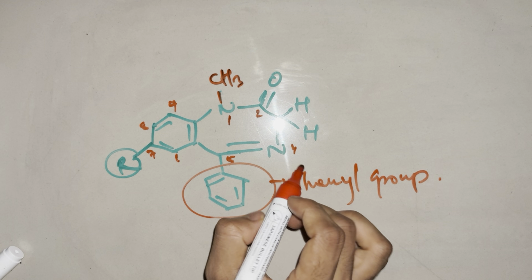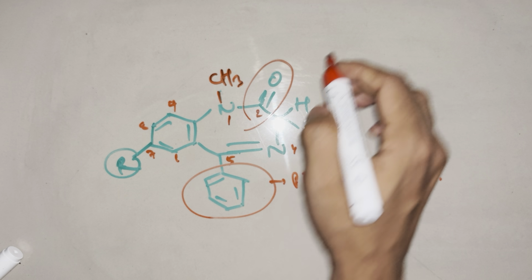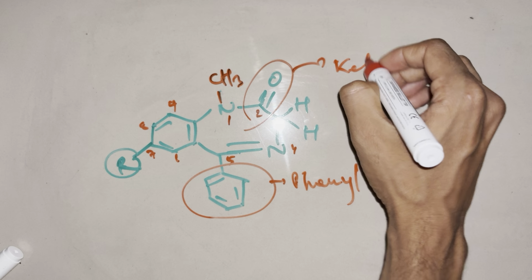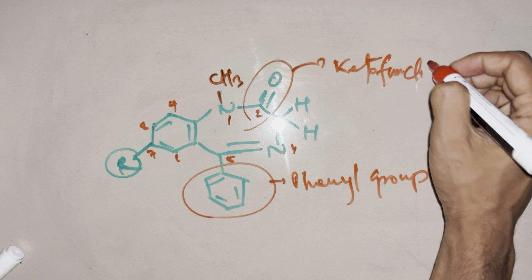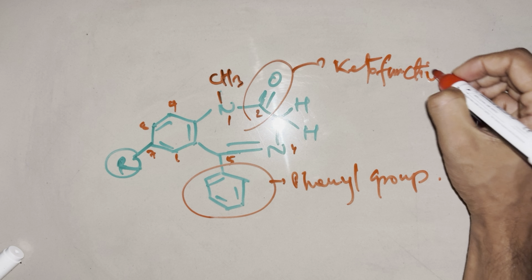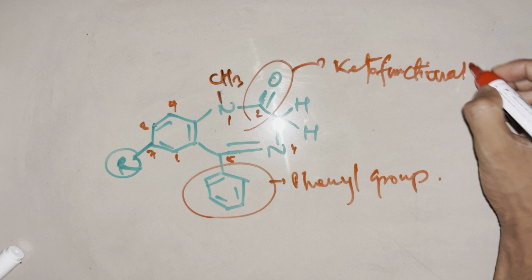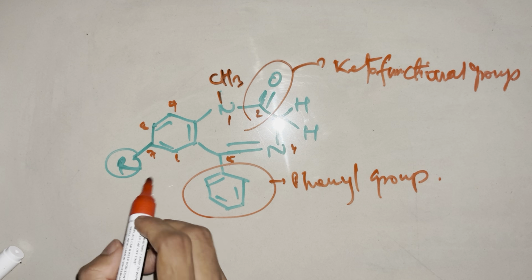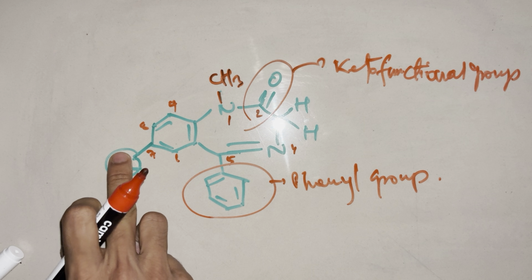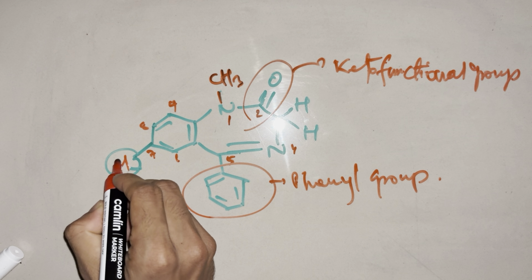Here you will see one keto functional group, that is called carbonyl group, or you can say keto functional group. You will also see another chlorine group here, a highly electronegative group such as chlorine.